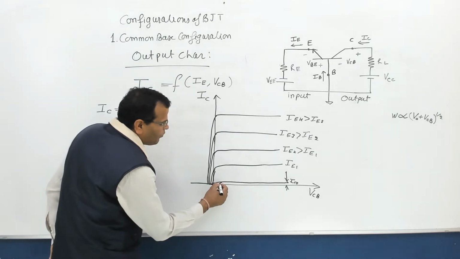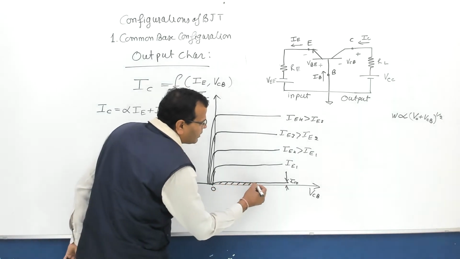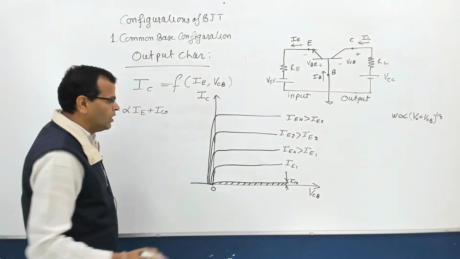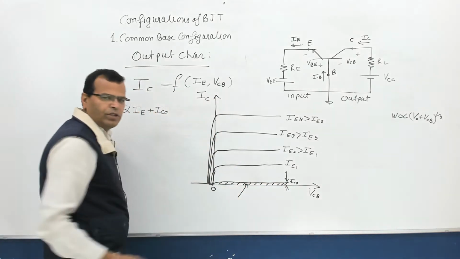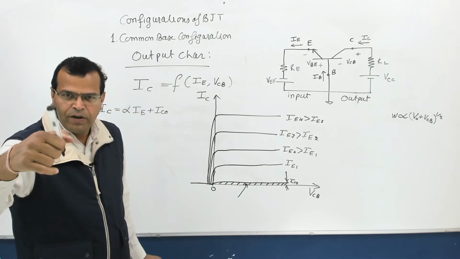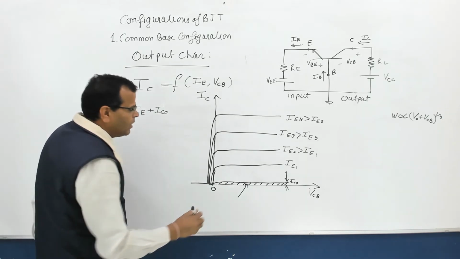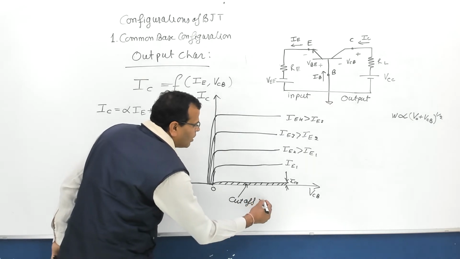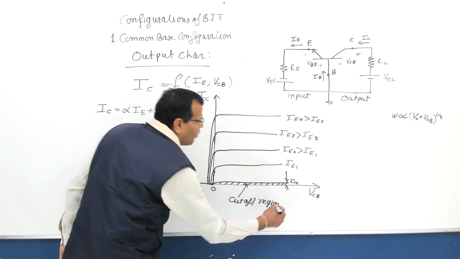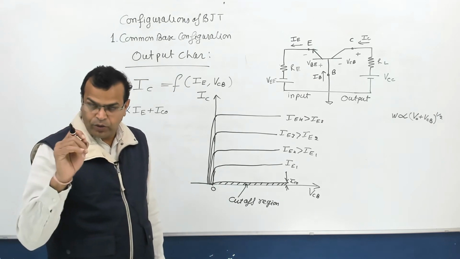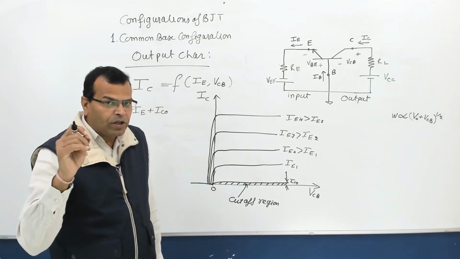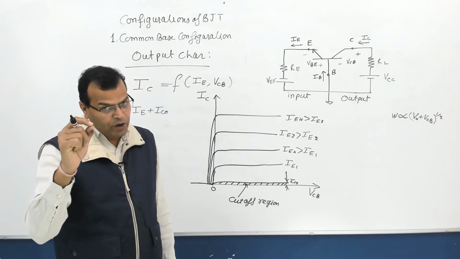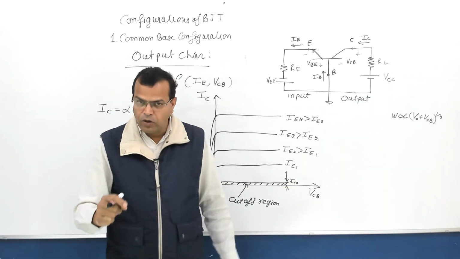This region where IC is equal to IC naught, this very narrow region, current is of the order of microamperes or nanoamperes. This region of output characteristic is called the cutoff region. When your emitter current is 0, that means input current is 0, the output current is of the order of nanoamperes or microamperes, that is IC naught.